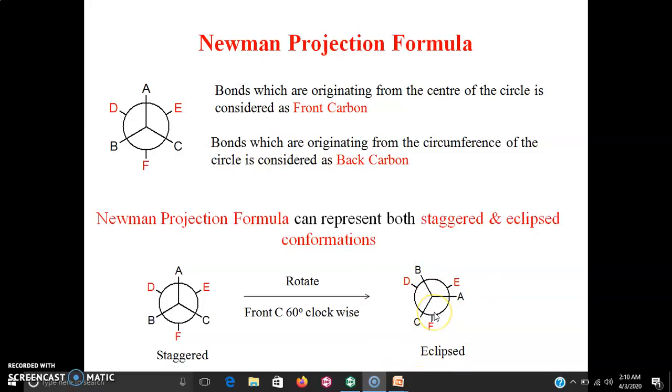More repulsion means less stable, so eclipsed conformation is the less stable conformation. Please note that we can convert the staggered conformation to the eclipsed conformation by simply rotating the front carbon 60 degrees in a clockwise manner while keeping the back carbon fixed. Clear?